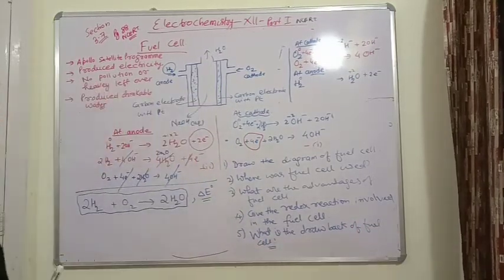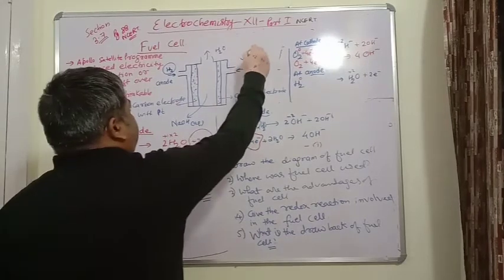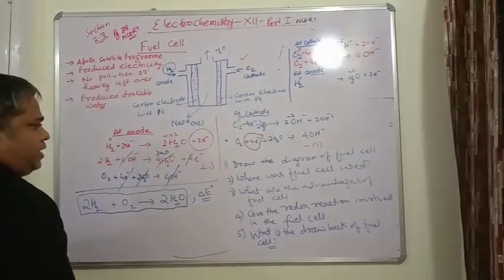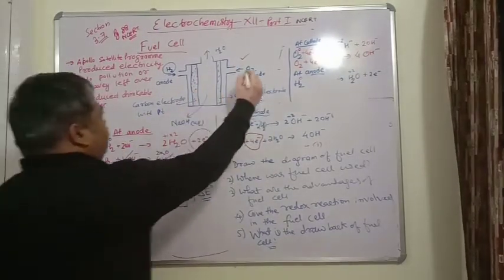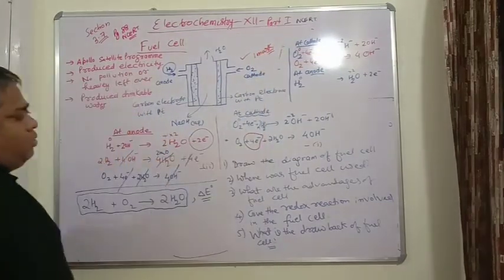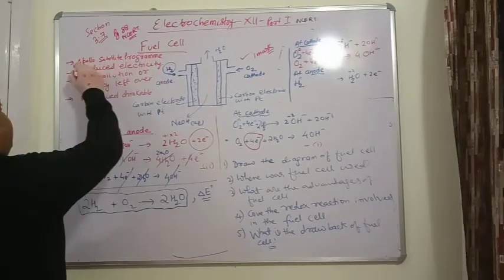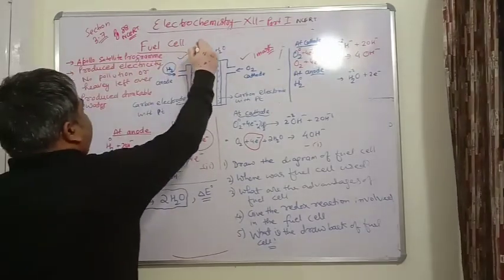So very quickly we can refer to the answers of these. Draw a well-labeled diagram of the fuel cell. So diagram is drawn. Let each of these contain 1 mark. Where was fuel cell used at first? It was used in the Apollo satellite program. So 1 mark for this.